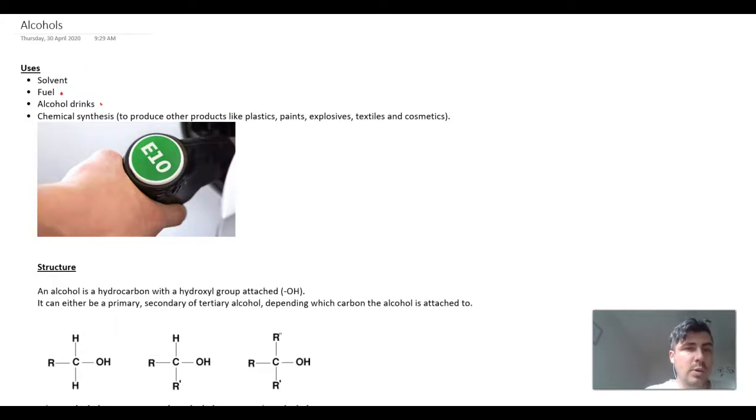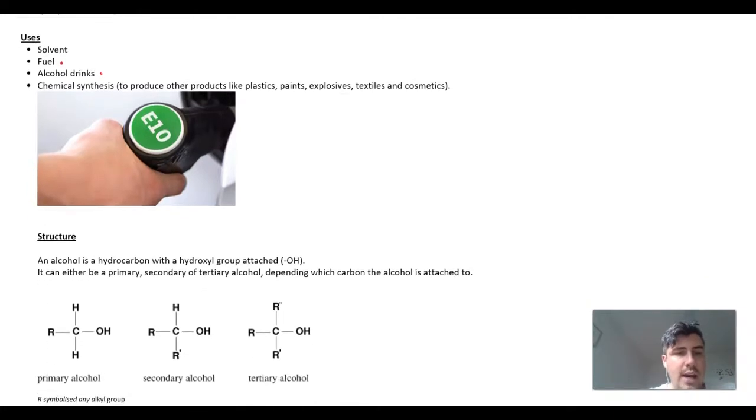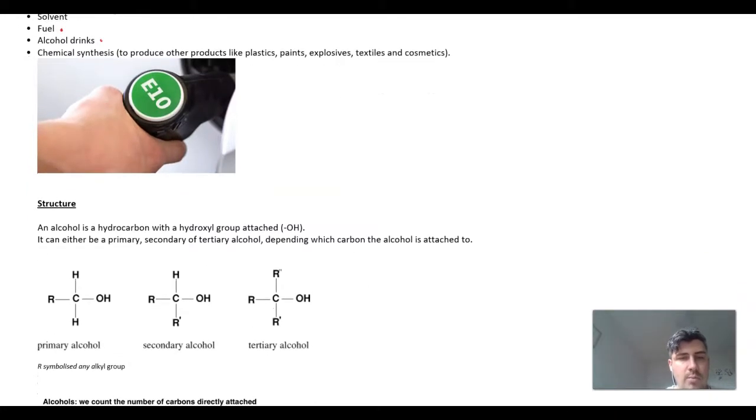And also it's a building block of a lot of different other substances like plastics, paints, explosives, textiles, cosmetics, just to name a few. So it's common to be used in chemical synthesis. Now the structure of an alcohol has a functional group, which is a hydroxyl group, OH, and that is attached to the hydrocarbon chain, as you can see in these diagrams below.